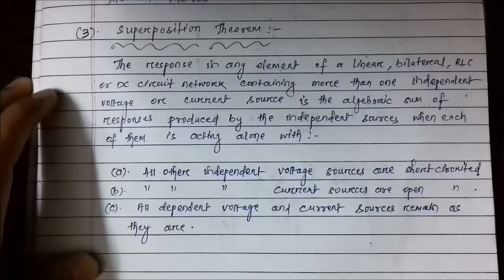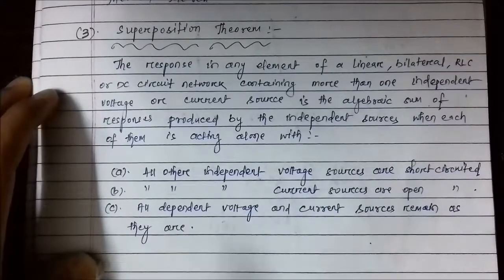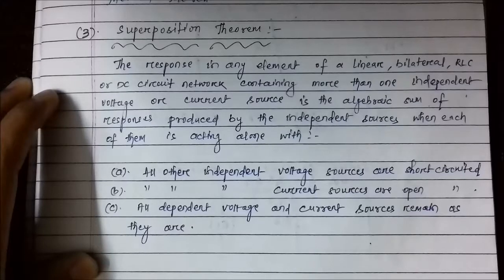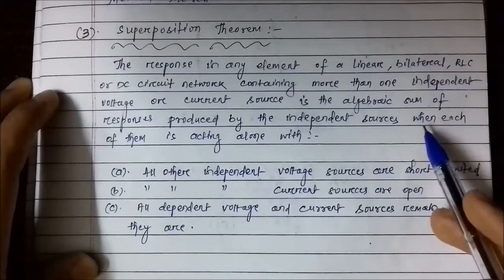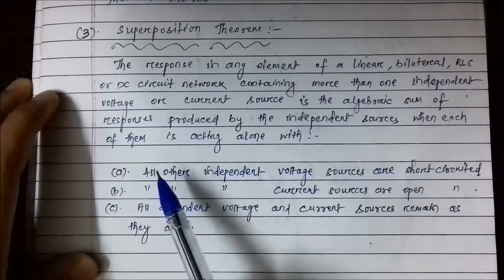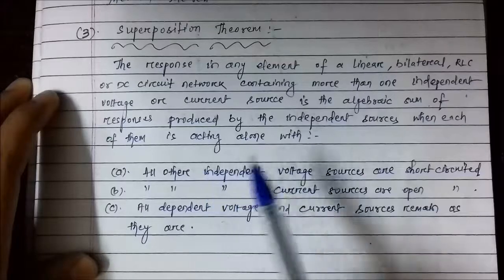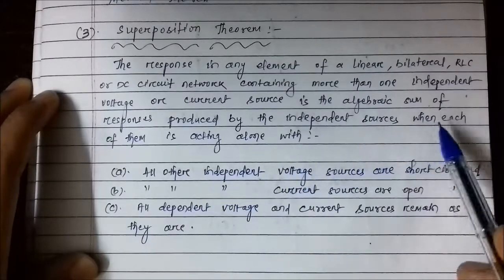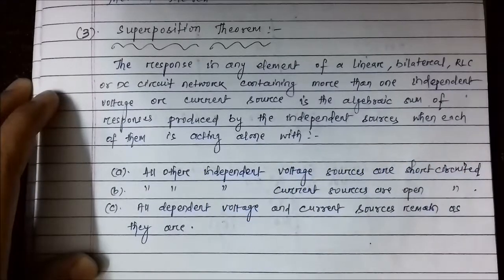It says that the response in any element of a linear bilateral DC network containing more than one independent voltage or current source is the algebraic sum of the responses produced by the independent sources when each of them is acting alone, or each of them is considered separately.